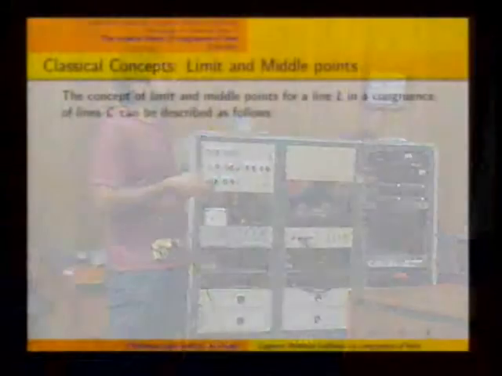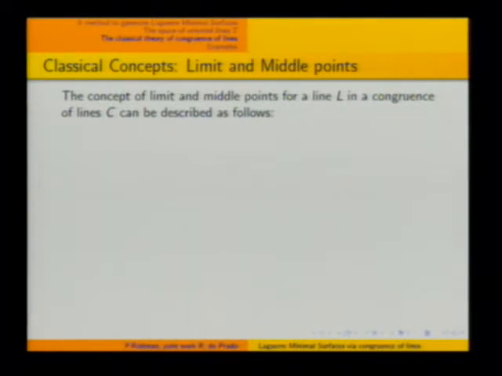Now I'm going to talk a little bit about some classical concepts. Basically, the limit and middle points. Okay, so I'll try to draw a picture. So you can imagine, I won't try to draw a two-parameter family of lines because it's going to be a great mess.